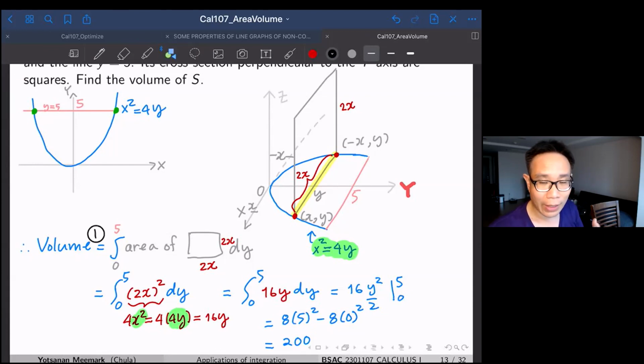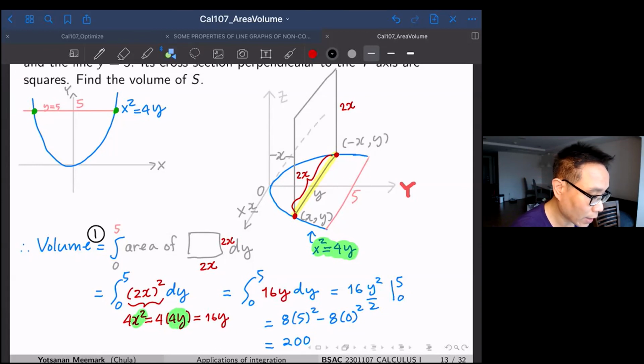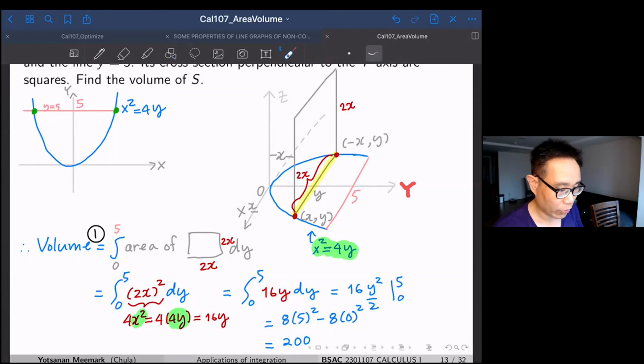After you know that the area is 4x squared, you have to change x to y because you are integrating with respect to y. You'll be able to change by just seeing the relationship between x and y on the parabola, x squared equal to 4y. And it's going to turn out to be this one for your final integration.